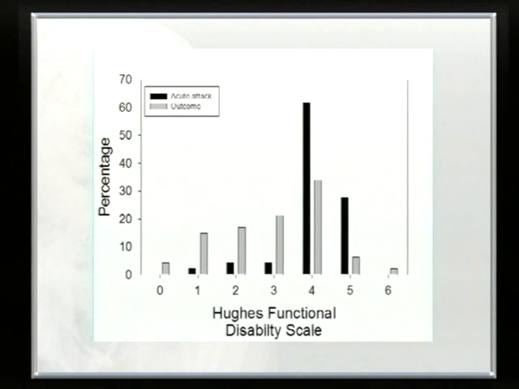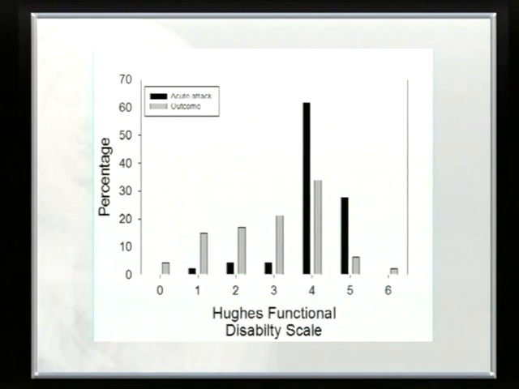If you look right after the acute attack, almost all of the individuals were at 4, which is unable to walk and/or assisted ventilation, with very few progressing to the good side, toward normal.